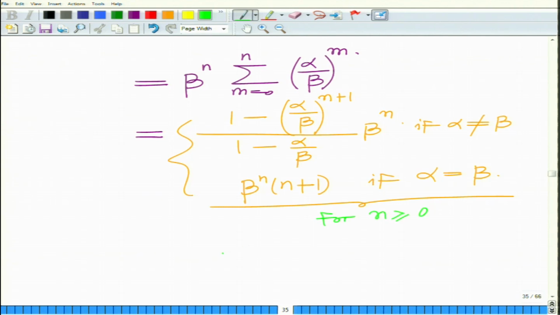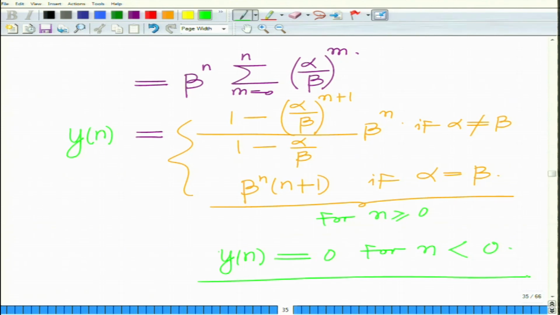And y[n] equals 0 for n less than 0. That is the complete expression for the output signal y[n].